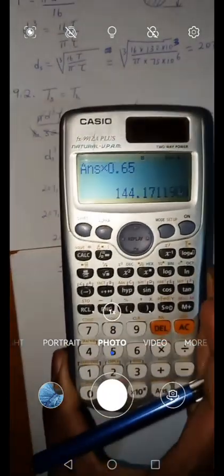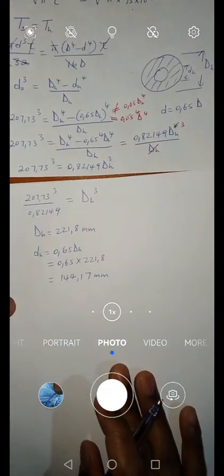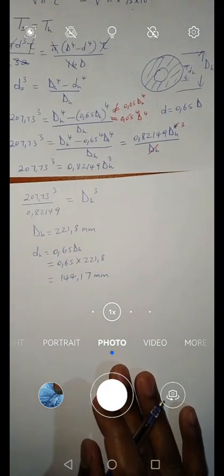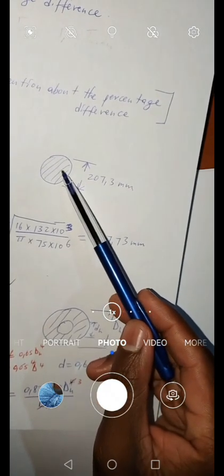Right. Then from here we are done. We calculated the dimensions of this hollow shaft that we can use to replace this solid shaft.